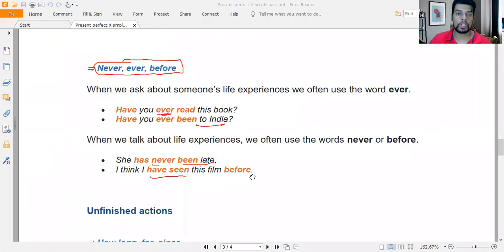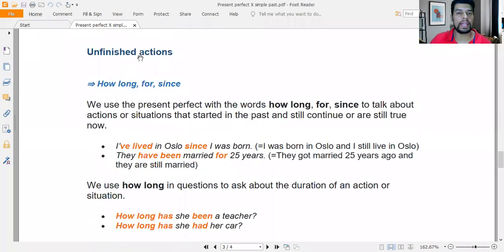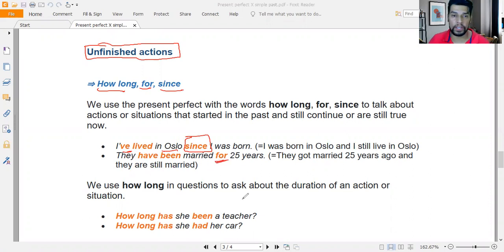All right. So again, we have unfinished actions. Actions that are not finished. How long, for, since. Like I've lived in Oslo since I was born. So I was born there and I'm still there. They have been married for 25 years.